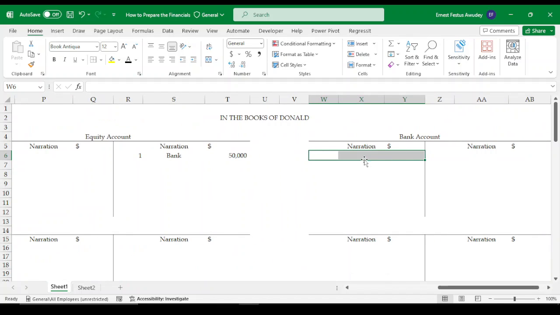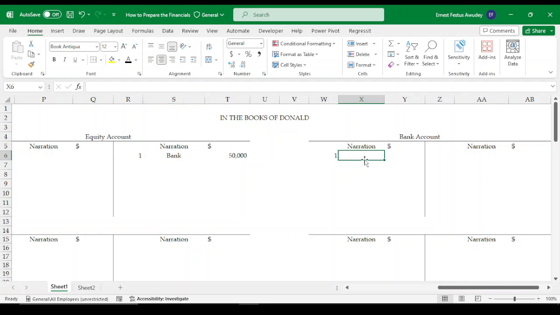So I'll come here and I'm going to have my 1 there, and the narration here is going to be the account containing the corresponding entry, which is our equity account. I hope you are getting the dynamics now. When we were recording here, the corresponding entry was going to the bank account, therefore we wrote bank here.